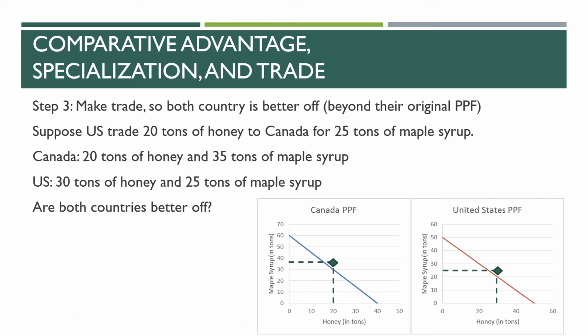They cannot ever reach that point if they run the production on their own, because the production possibility frontier demonstrates the constraints of the resources and the maximum outputs they can possibly achieve on their own. Those 2 points were never on the table, and now they are made available for both countries. At this point, obviously, both countries are better off because those are productions that they could never achieve on their own.